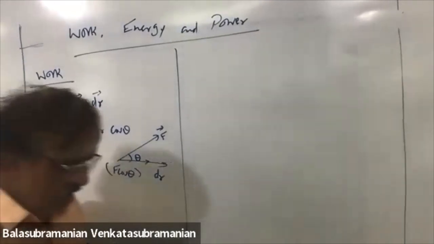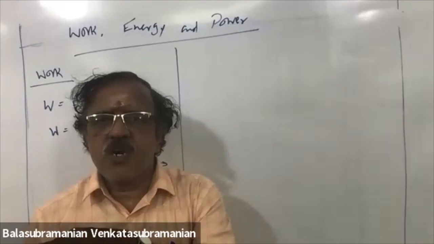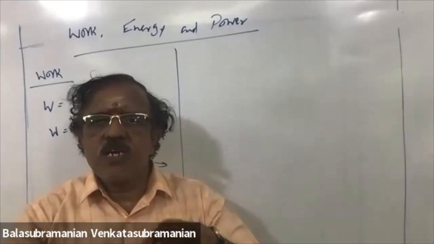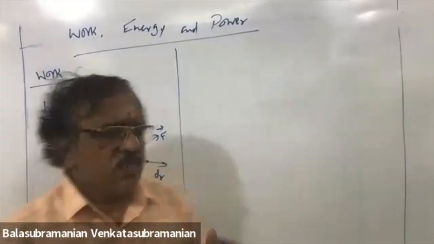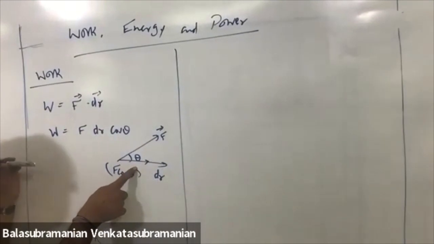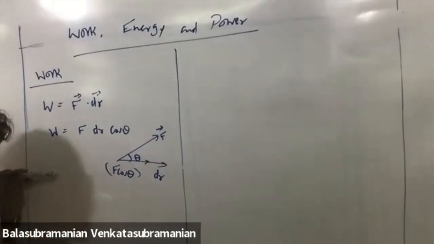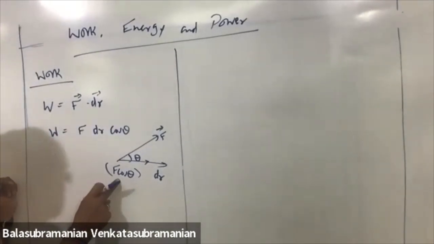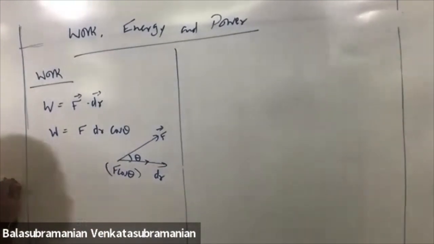You can resolve the force into two components, if it is not acting exactly horizontal or exactly vertical: vertical direction and horizontal direction. So the horizontal component is F cos theta, and the vertical component is F sin theta. So I can write, along the direction of displacement, F cos theta into dr, we call it work done.